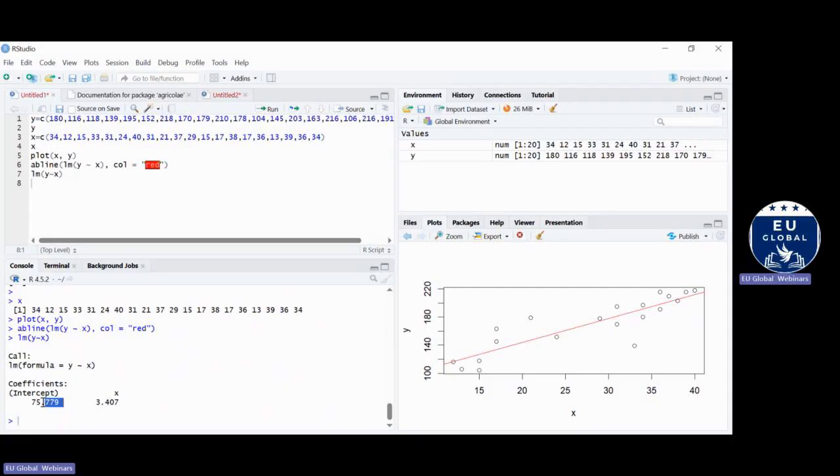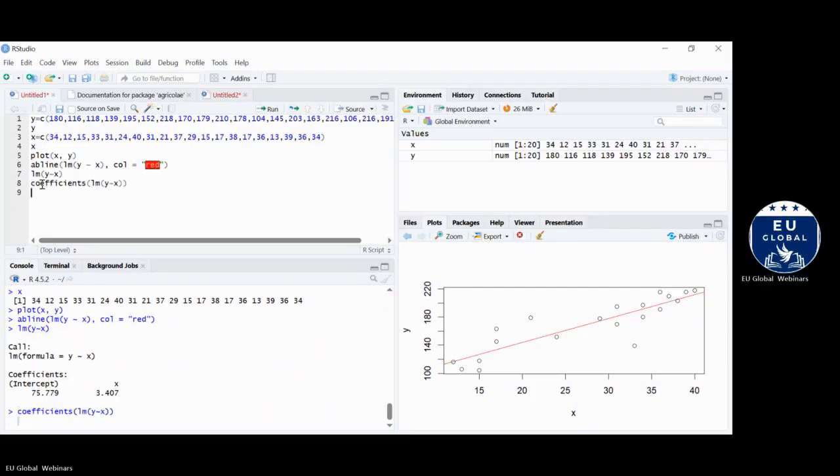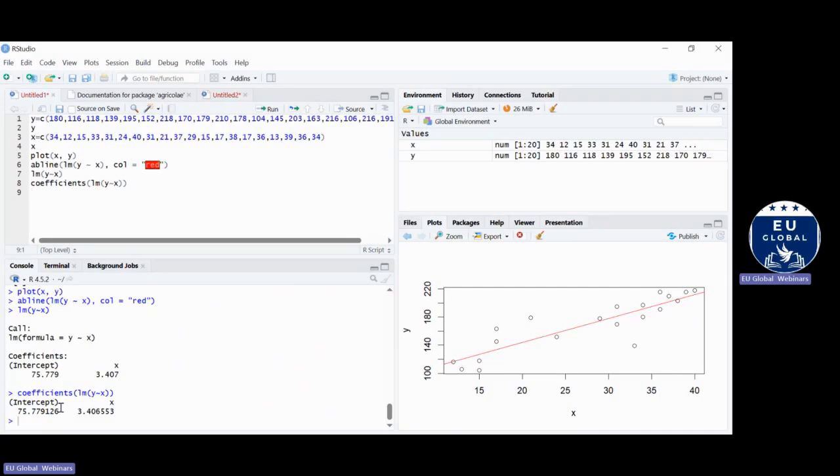That means beta naught is 75.779 and beta 1 is 3.407. If we have to find the coefficients, we can also do it with the coefficients command. We just write coefficients and run this command. We can see the same output over here.